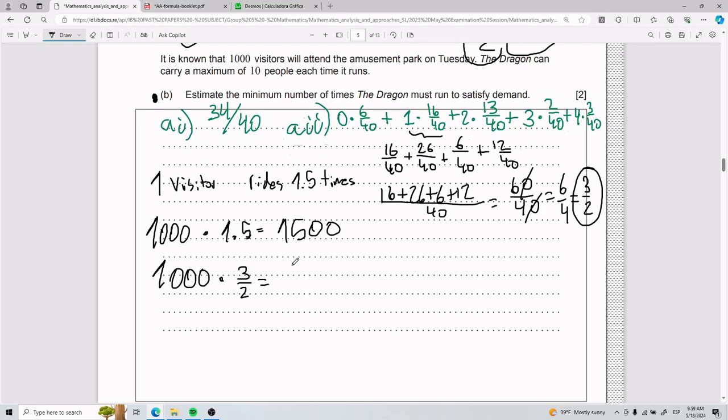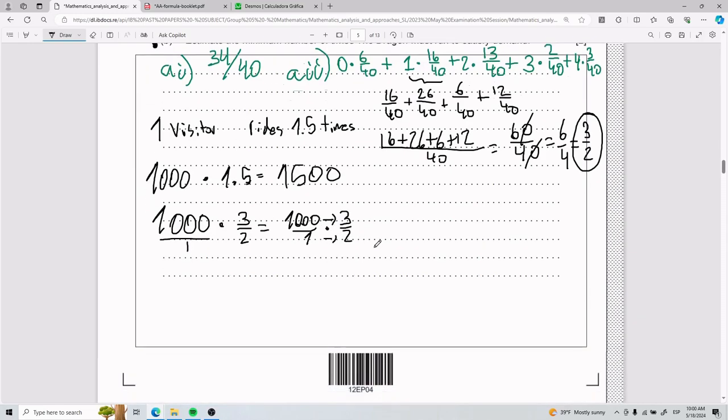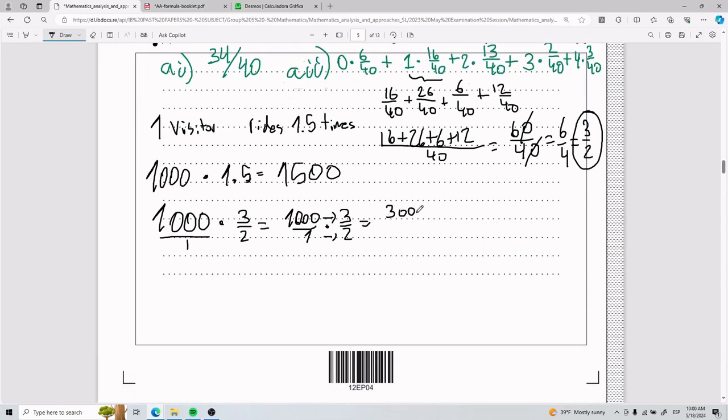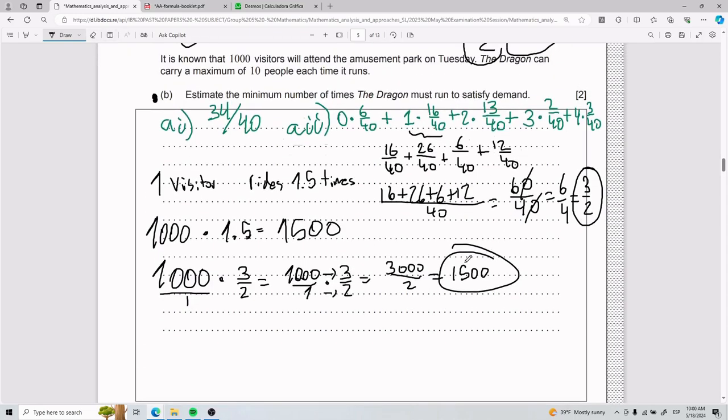This is just going to be 1,000 over 1, right, times 3 over 2, because for fractions that multiply, you multiply straight across. So I put a 1 over here just to make it more visually appealing. You end up with 3,000 divided by 2. This gives you the same 1,500. So this 1,500, let's be very clear, is the number of times the dragon is, I actually don't know the right word here, is ridden, is used, okay?